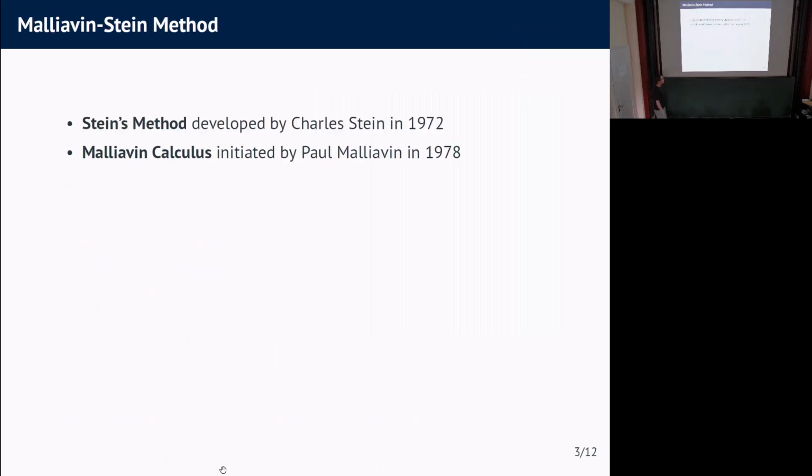Now, the way we're going to study these Poisson functionals is via the Malliavin-Stein method. This is a combination of Stein's method, which was developed by Charles Stein in 1972, and Malliavin calculus, which dates from 1978.